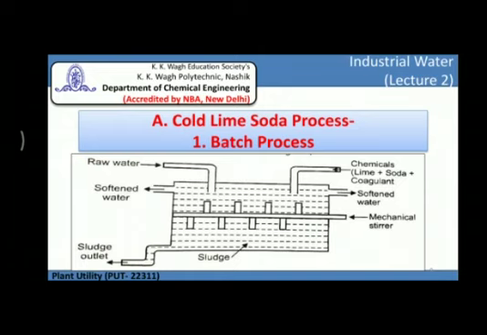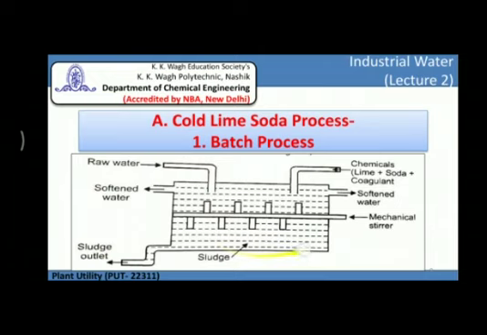To precipitate the impurities formed after the reaction, we add a coagulant inside this tank. As a coagulant, we generally use alum. Because of alum, the precipitate formed after the reaction settles fast.